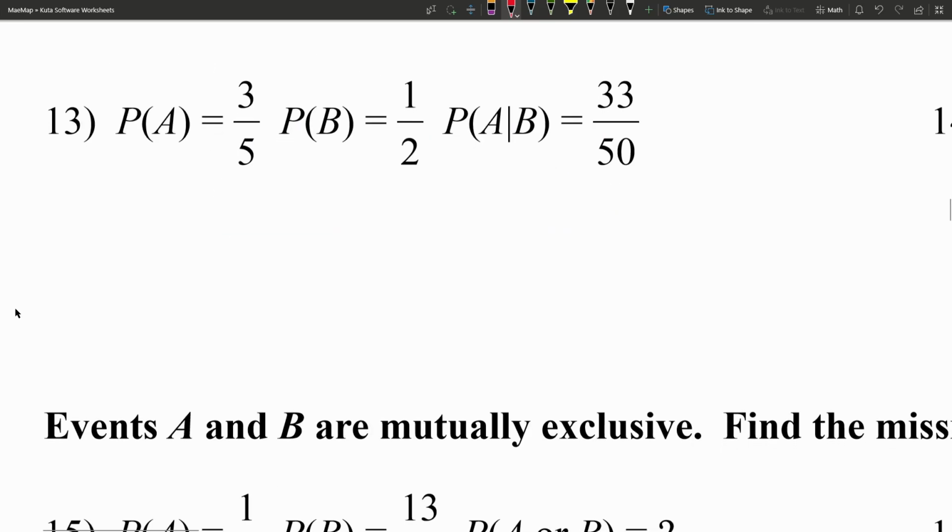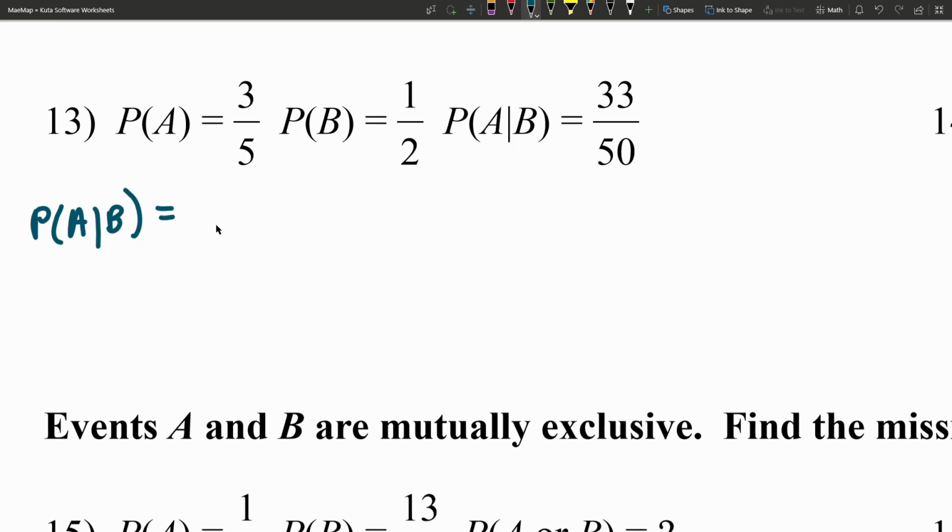Now for number 13, they mix things up a bit by giving us this conditional probability. The probability of A given B equals 33 out of 50. So think about our formula. The probability of A given B, it's a conditional probability.